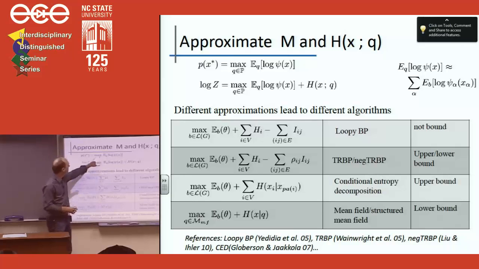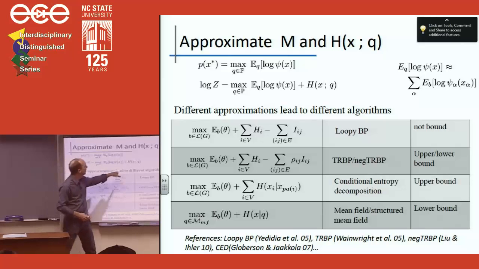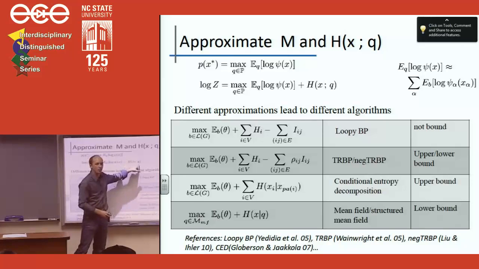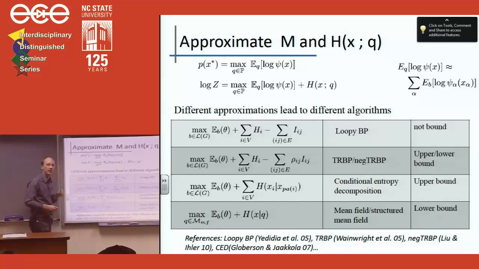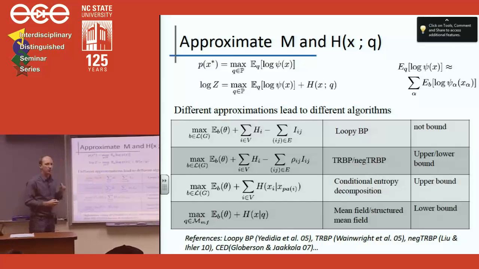So different sets of approximations here, different relaxations of the constraint set, and in the summation case, different choices of the approximation to the entropy lead to a slew of different algorithms for solving these problems. The most common is something called loopy belief propagation.